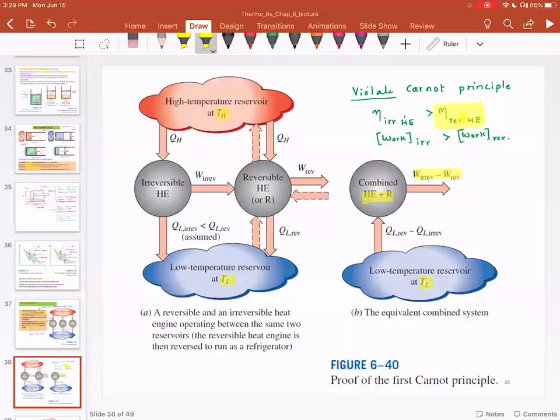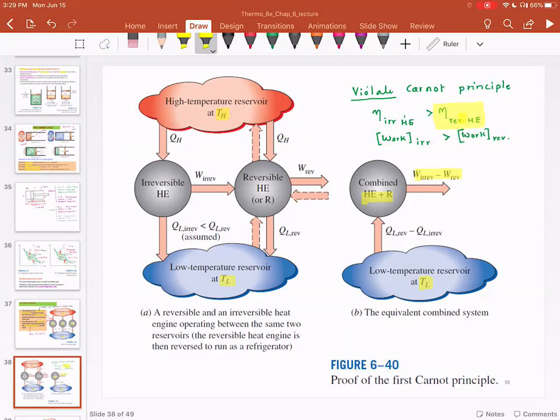Check this out: a reversible heat engine means the same system can be used as an engine or a refrigerator without any change to the external environment because it's reversible. So you reverse it from engine to refrigerator.